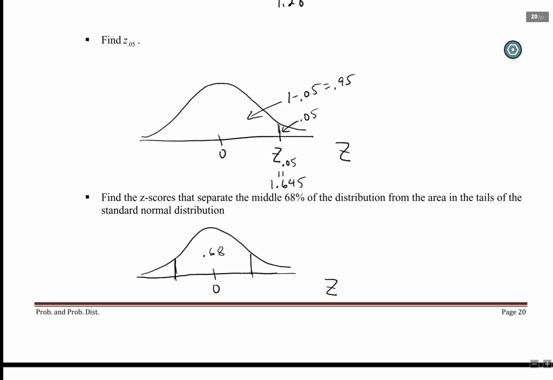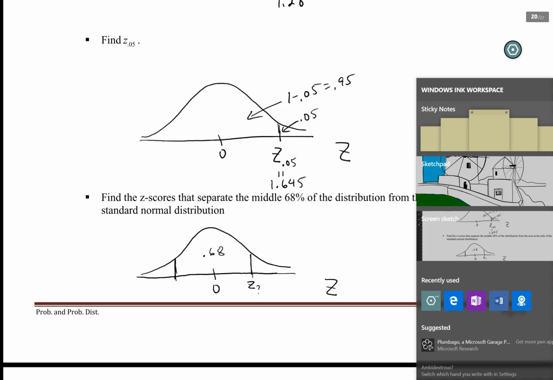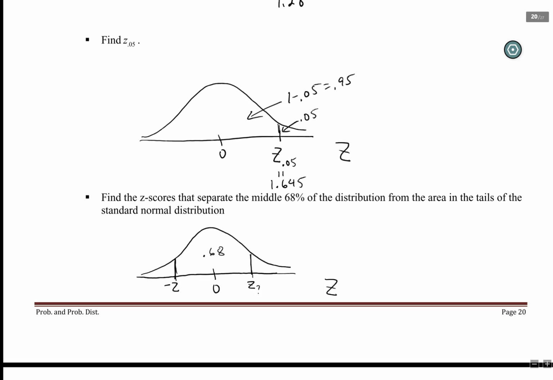These z-scores are going to come out from 0 in an equidistant manner. So here I've got a particular z-score, and over here I have another one. Now, how can we figure out what the subscript would be on that z-score? I'm going to have z sub question mark, I don't know. This one over here in the corresponding left tail is going to be negative z sub question mark because of symmetry about 0.